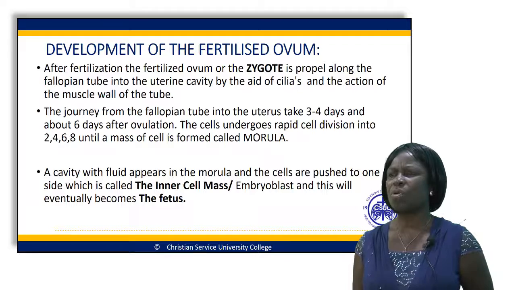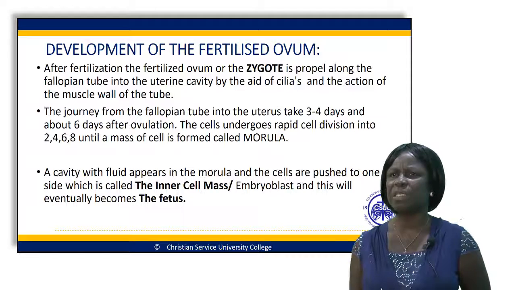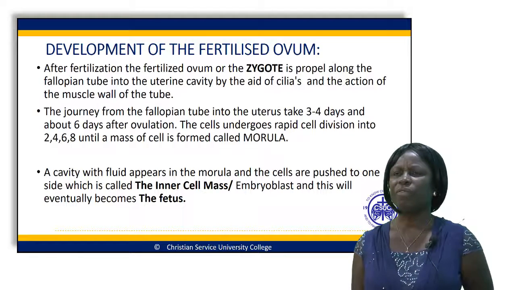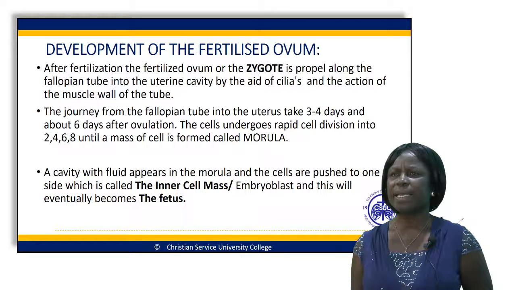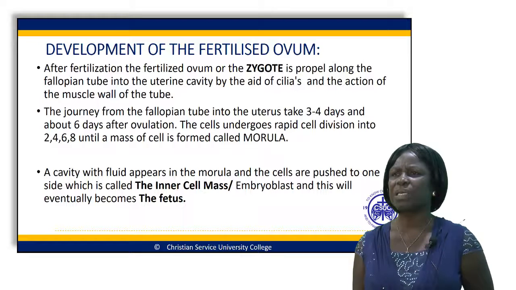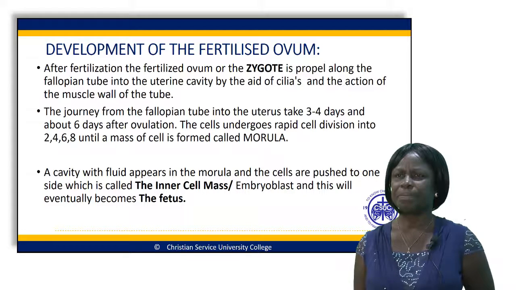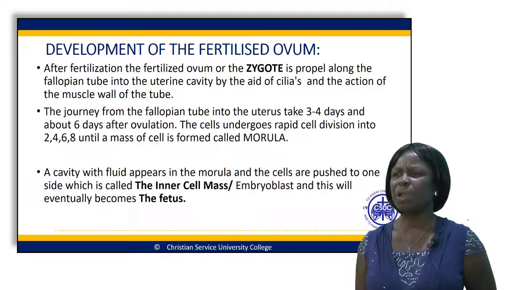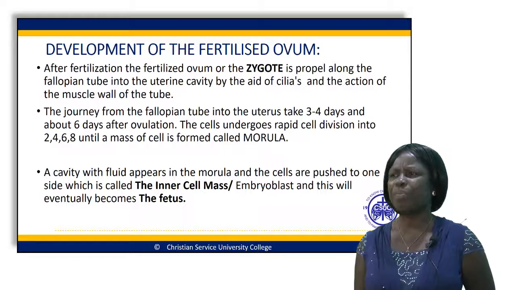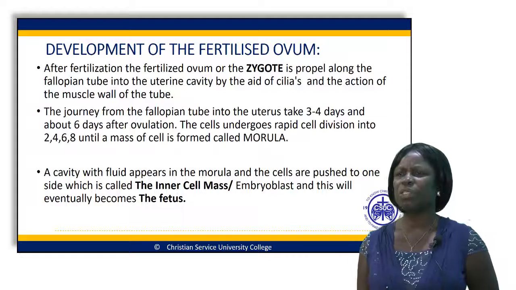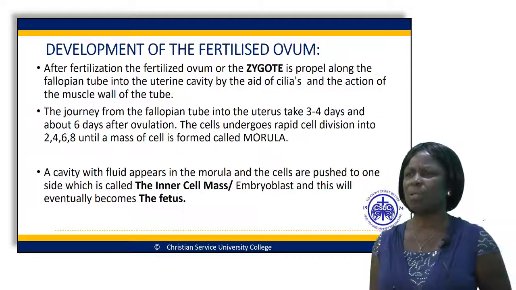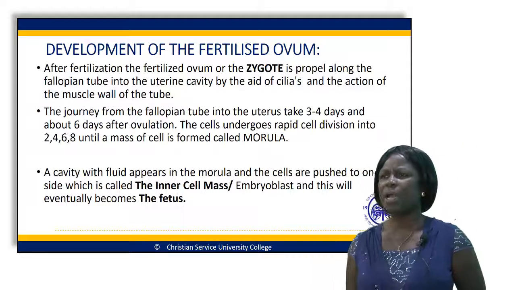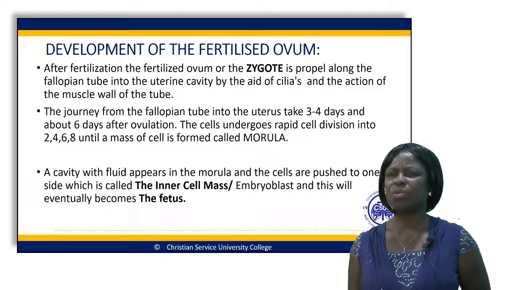The cells undergo rapid cell division into 2, 4, 6, 8 until a mass of cells is formed called the morula. A cavity with fluid appears in the morula and the cells are pushed to one side, which is called the inner cell mass or embryoblast, and this will eventually become the fetus.